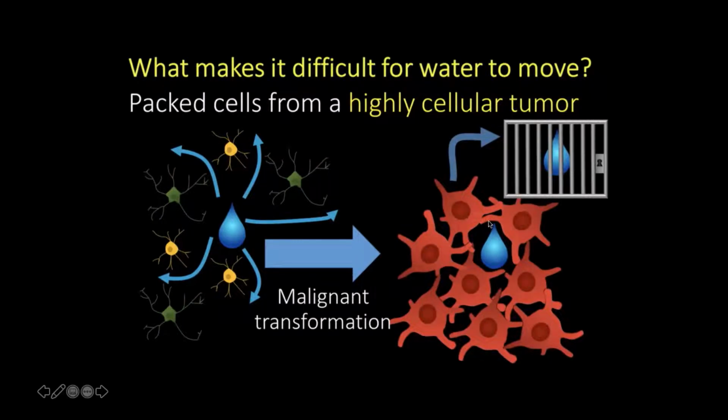So what happens is that water molecules cannot move anymore because there are too many cells around. This restricted diffusion of water molecules can be seen on this sequence. We can see that this region of very dark signal means that the water molecules are not moving. So there are a lot of cells in that region, and this is a sign of aggressiveness. So again, I see this lesion, I think that this is an aggressive lesion, but actually there are smooth borders.